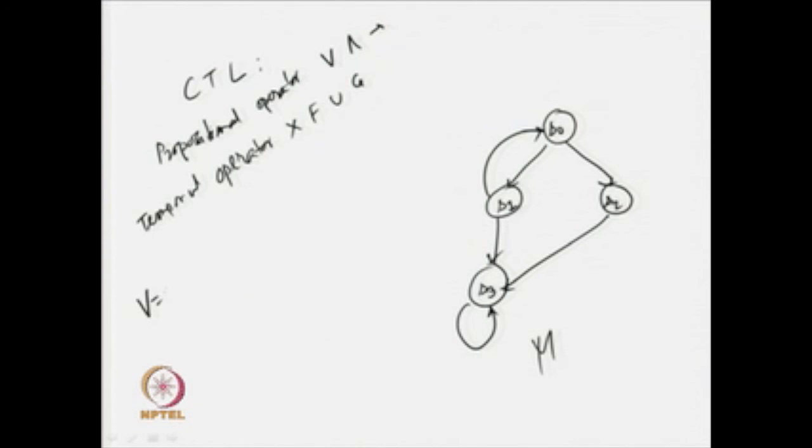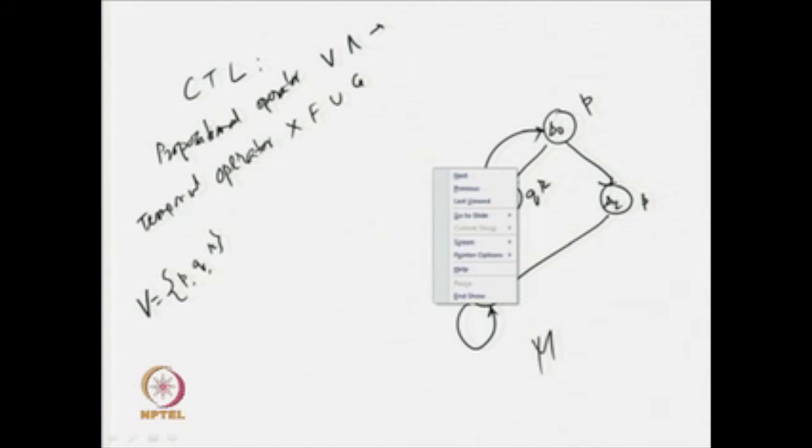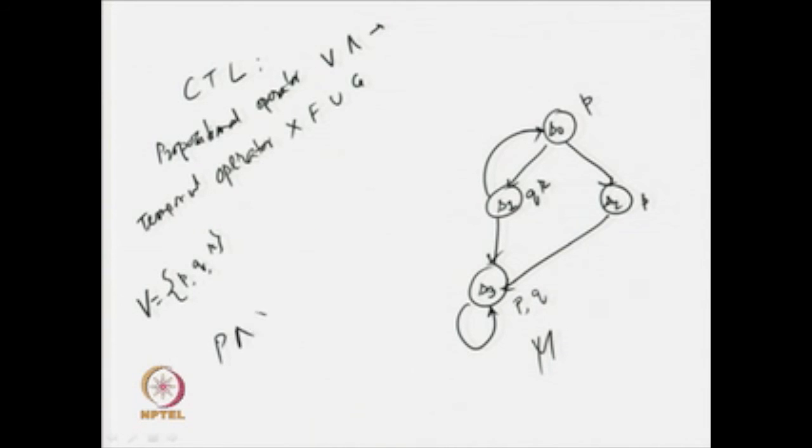Now, we have a set of atomic propositions P, Q, R, and the labeling function assigns them to the states. Now, if I give a formula, P and Q implies R, in which states is this formula true?